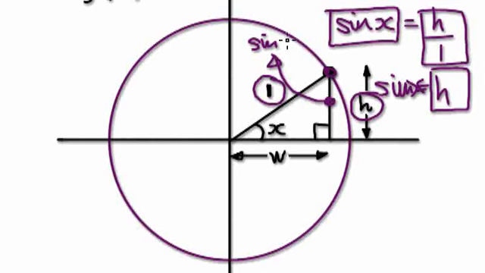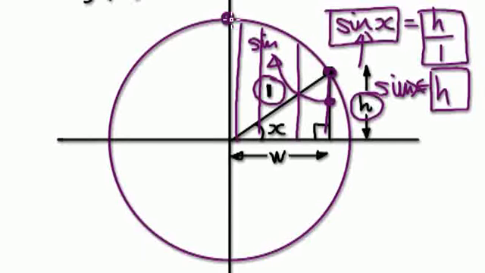So as this dot moves around this circle, rather than trying to understand sine of x, we would try and understand the height. As it moves around, we just look at the height. When it's at 90 degrees, the height is definitely 1 because the radius is 1.